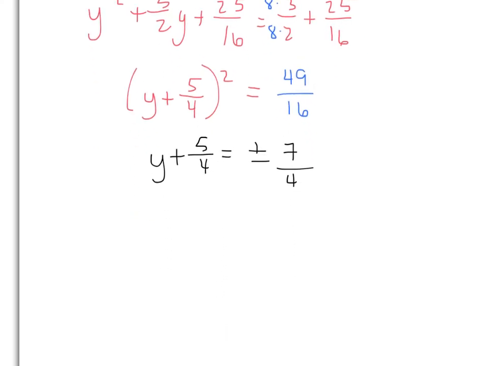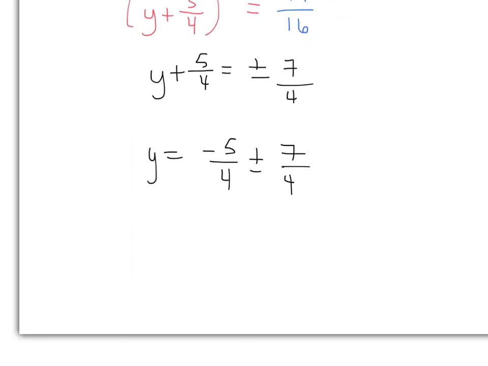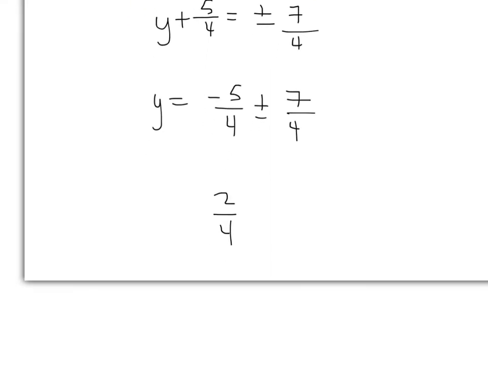From here, take the 5/4 and subtract it. It might be tempting to leave it that way, but you do have a common denominator, so write it twice. -5 plus 7 is going to give me a positive 2/4, which is really 1/2.